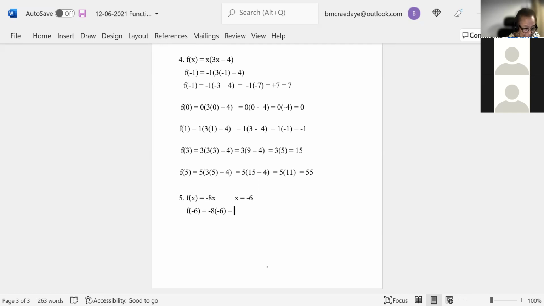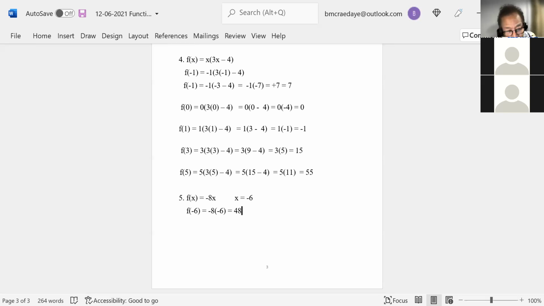That's it. Minus times minus is plus. So your first entry for number 5 would be 48. So when x is a minus 6, the output is 48.